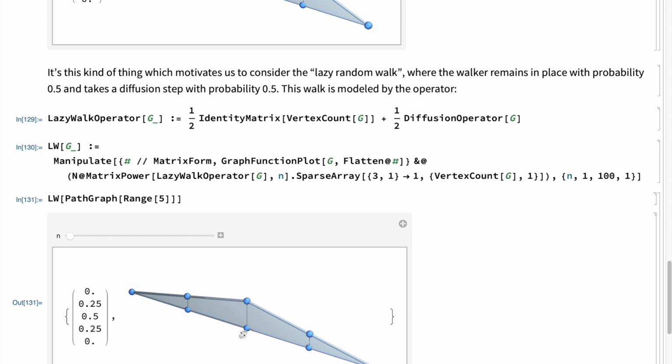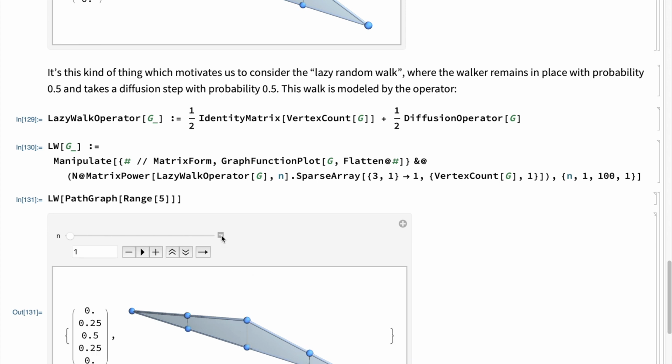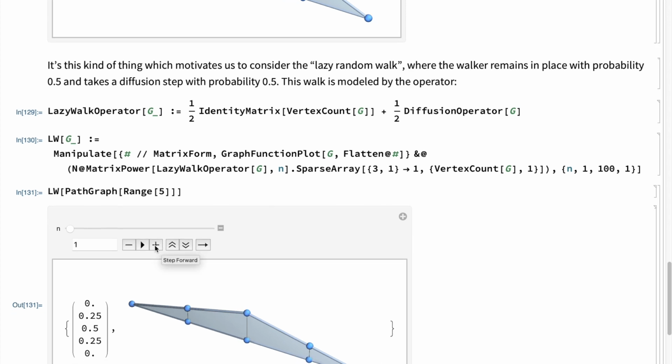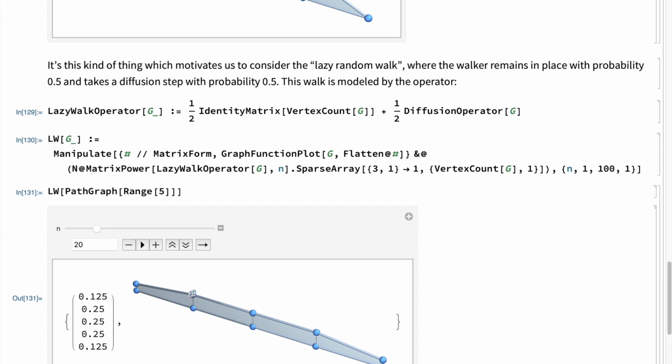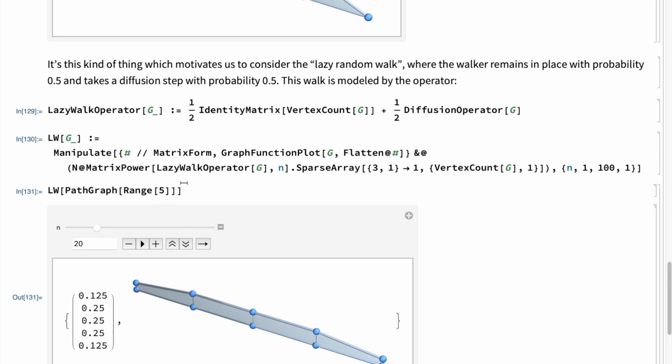Remember, you started at position 3, and there's a 50% chance you just stayed there. And now you'll note that over time, this seems to be converging. And in fact, it doesn't take all that long before you see a 25% chance of being at each of the middle 3 vertices and a 12.5% chance that you're at one of the end vertices.